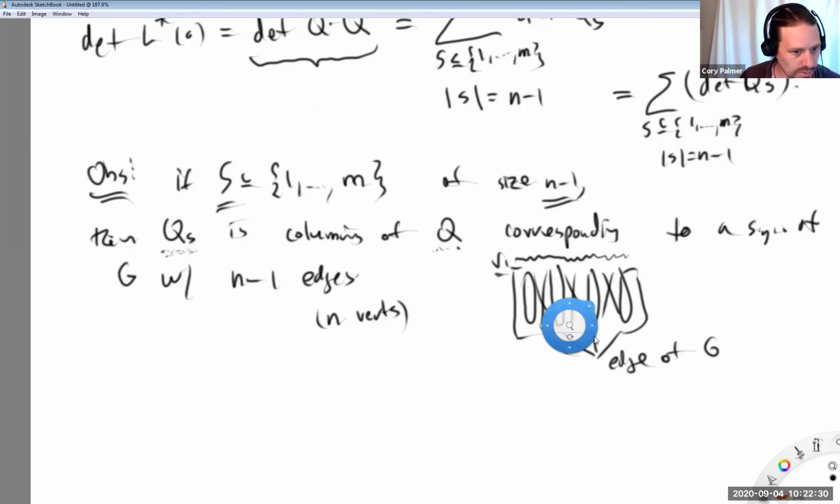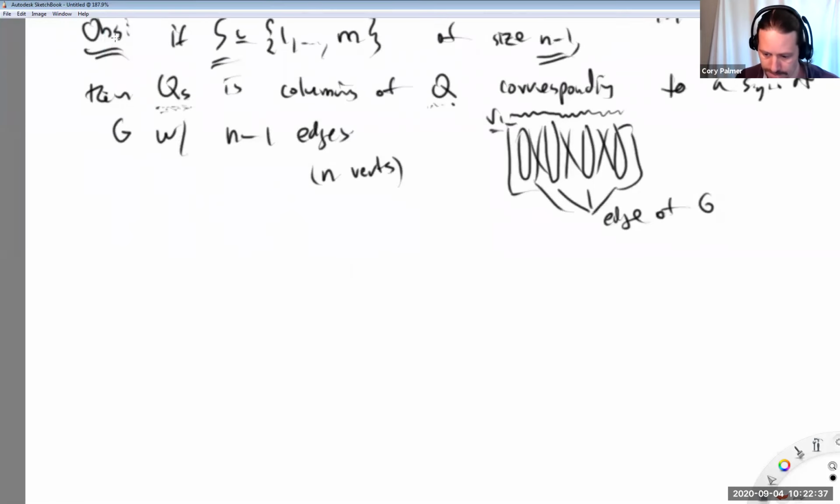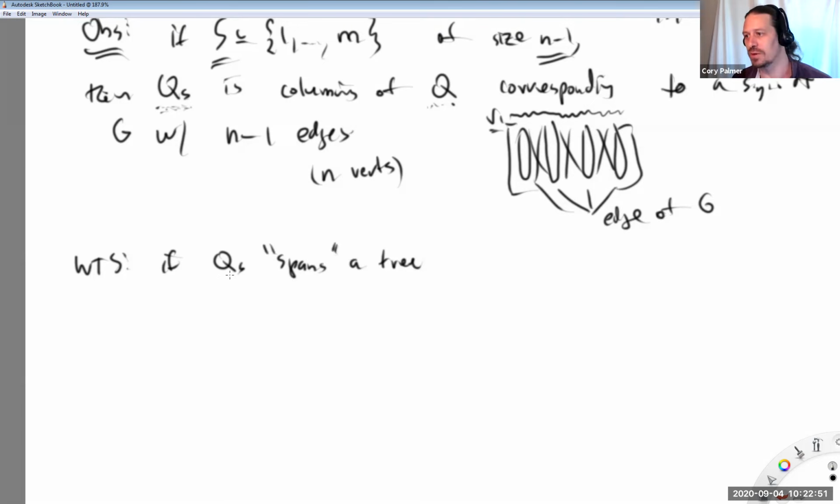All right, so what's next here? What are we going to show? We want to show, and this is what we will show, that if Q_S spans a tree, then the determinant of Q of S squared equals 1. Remember, Q of S corresponds to n minus 1 edges.